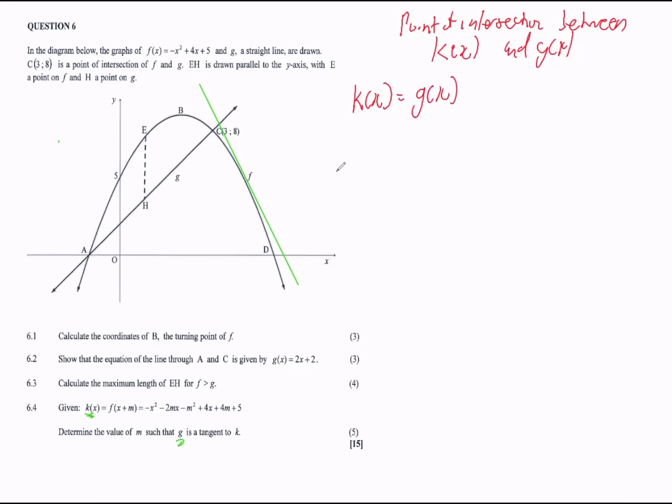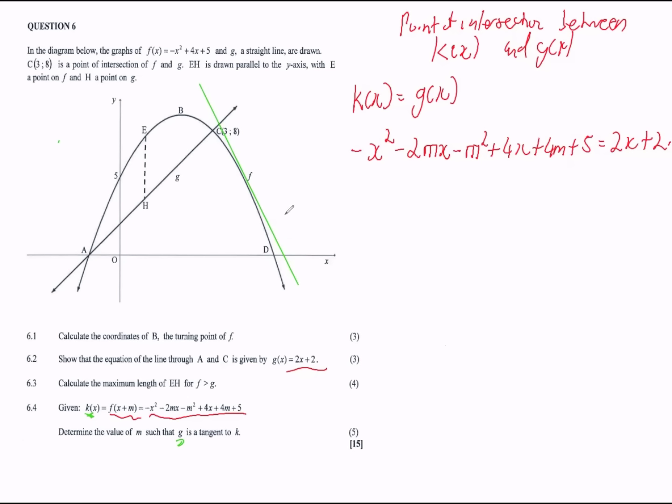But we do know that k of x is actually this, which is that whole expression. So I'm going to have negative x squared minus 2mx minus m squared plus 4x plus 4m plus 5 is equals to what? The equation of g of x is what?